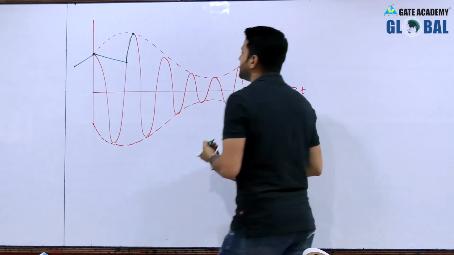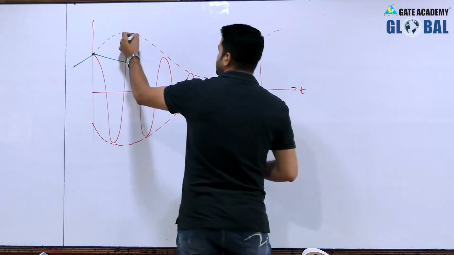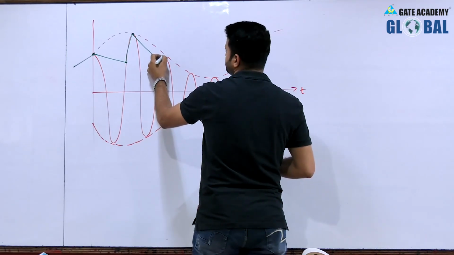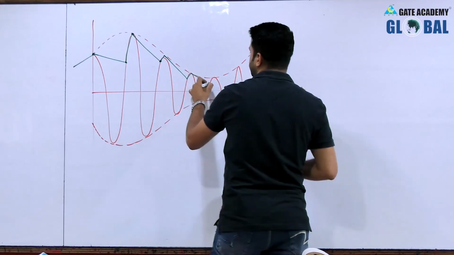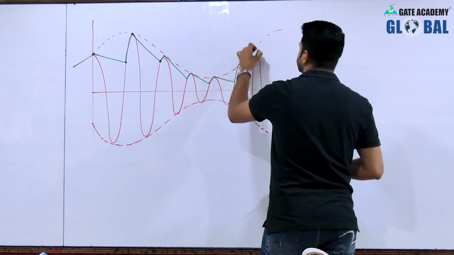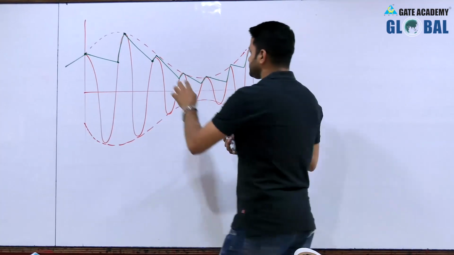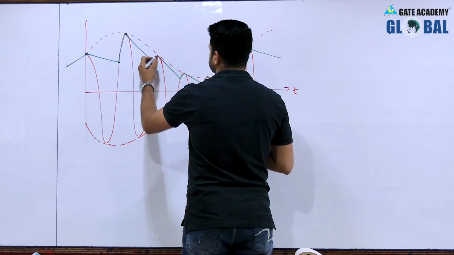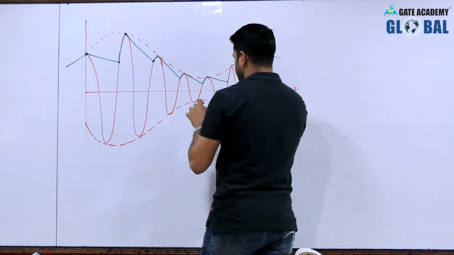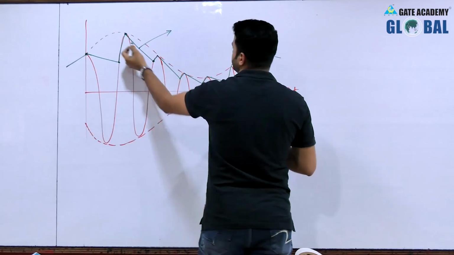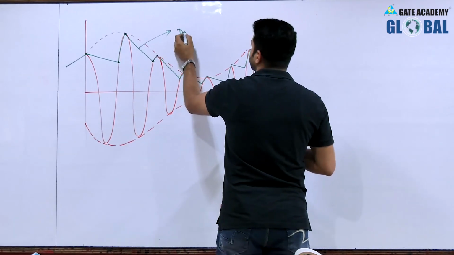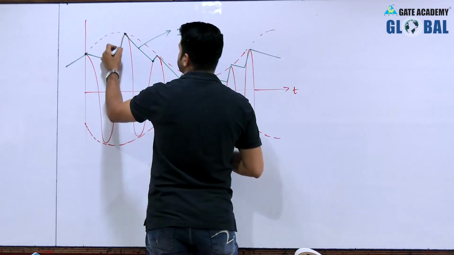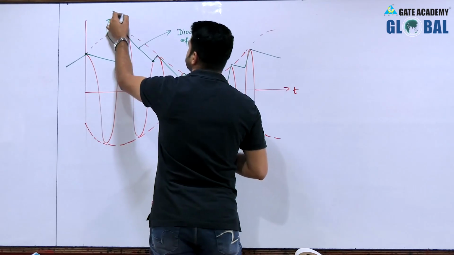It charges to the maximum value and the same process repeats: discharging, charging, discharging, and so on. During the period when the capacitor is discharging, the diode is off, and when the capacitor is charging, the diode is on.